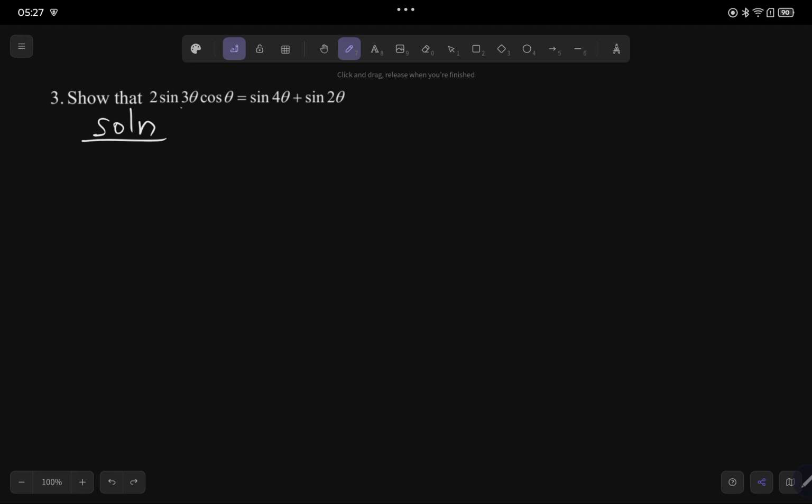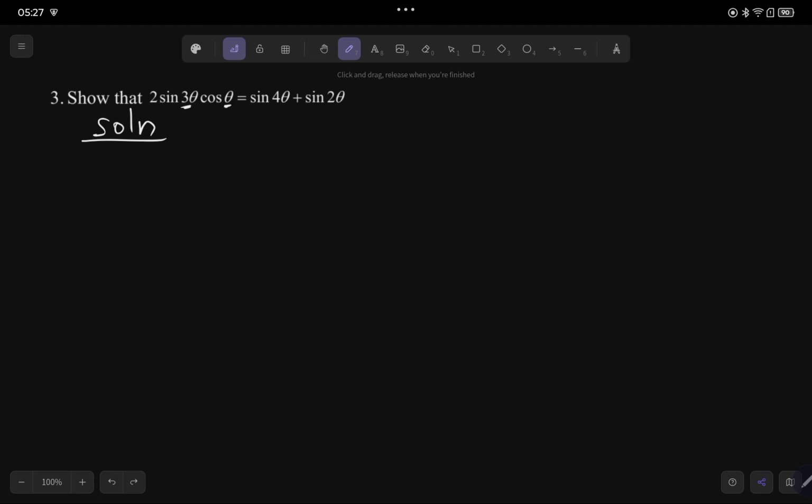Now we have 3 theta, we have theta. So it is sine cos. Now the bigger angle 3 theta comes from addition. The smaller angle theta comes from subtraction.